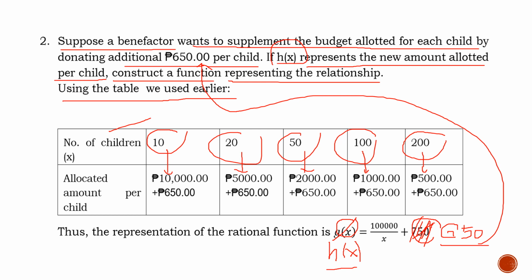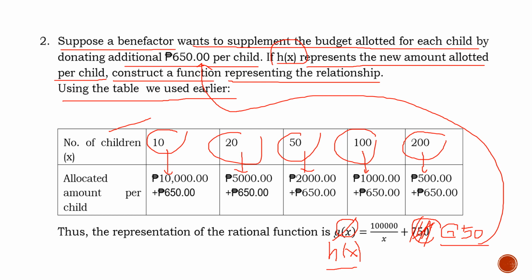That's why our function here, h of x, is equal to 100,000 over x, wherein 100,000 is the only amount being divided, and that depends on the number of children.